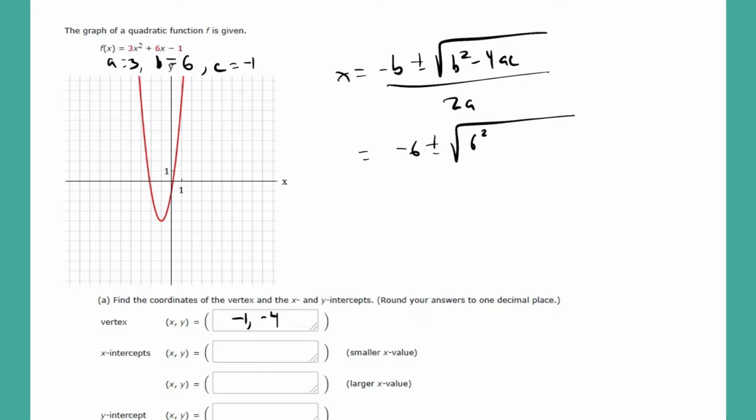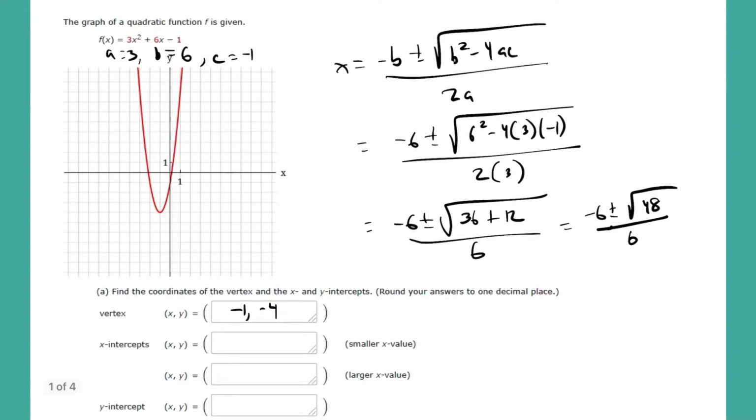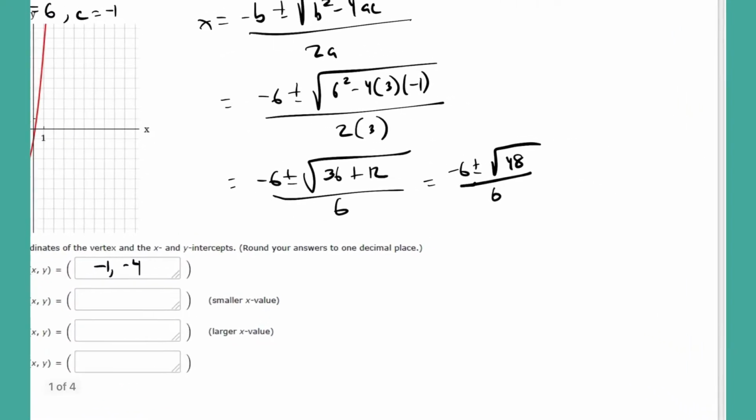That's going to be negative 6 plus minus the square root of 6 squared minus 4 times 3 times negative 1, all over 2 times 3. So it's going to be negative 6 plus minus the square root of 36 plus 12, over 6. And then that's going to be negative 6 plus minus the square root of 48, over 6.